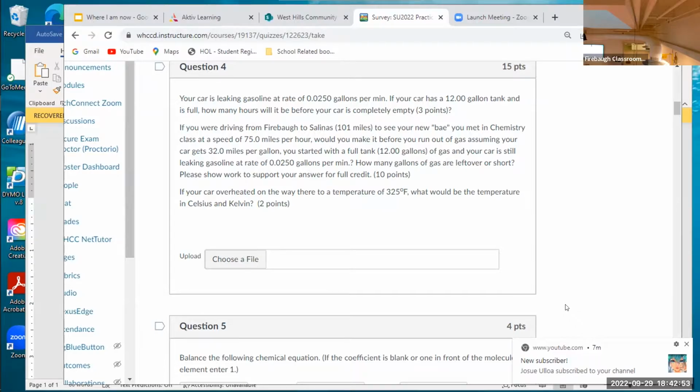Okay, next part. It says, if your car overheated on the way there to a temperature of 325 degrees Fahrenheit, what would be the temperature in Celsius and Kelvin? Everybody got this part?